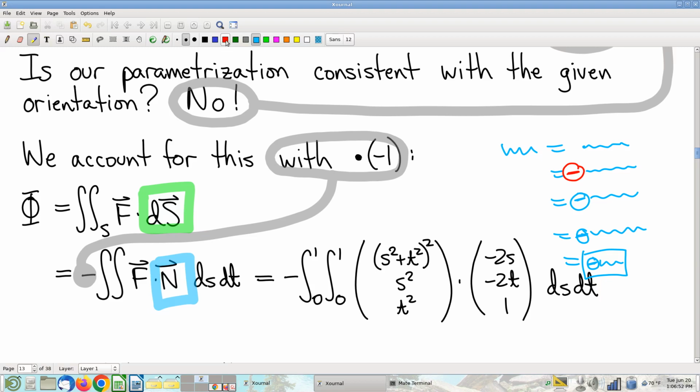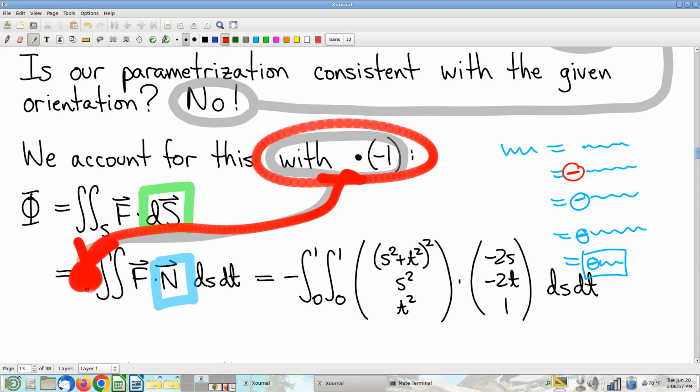Where you have to put the minus sign is in the transition from the one to the other. When you claim a relationship between the orientation and the parameterization, those are the things that are distinguished by the minus sign. So the minus sign goes at the point where you switch from the one to the other. Does that make sense to everybody?